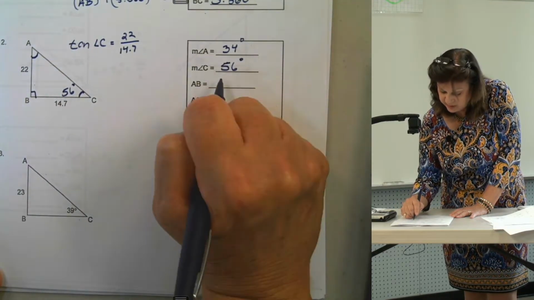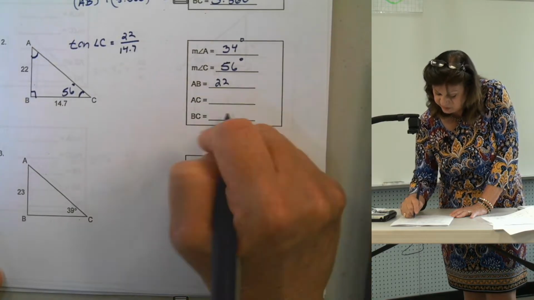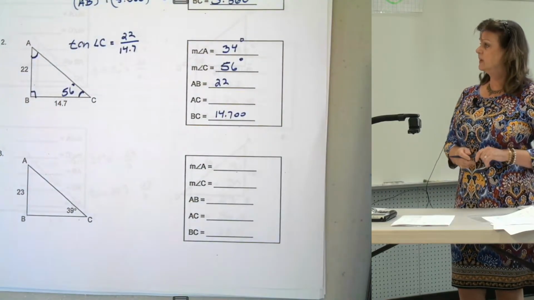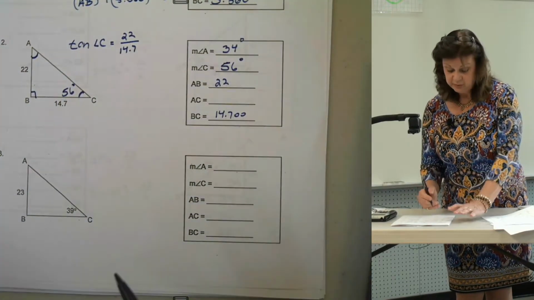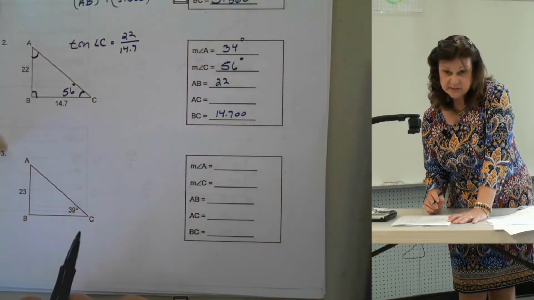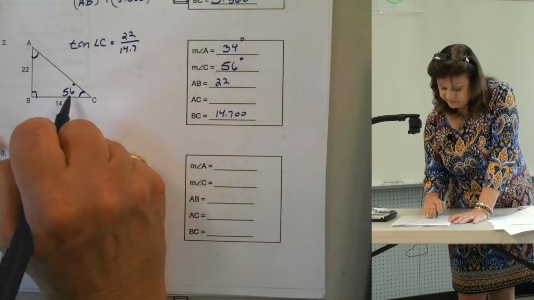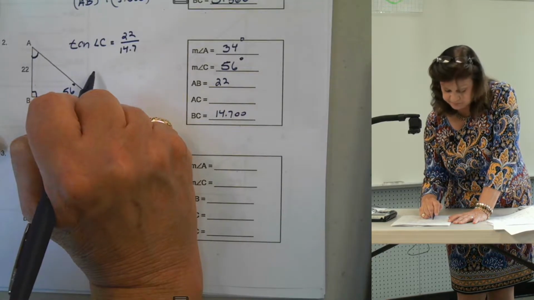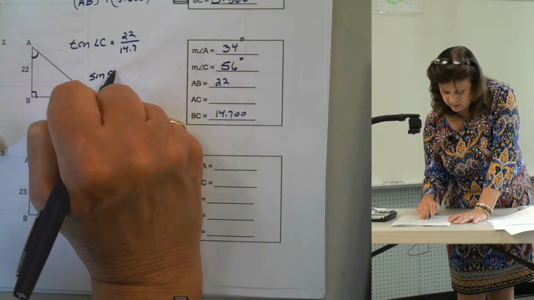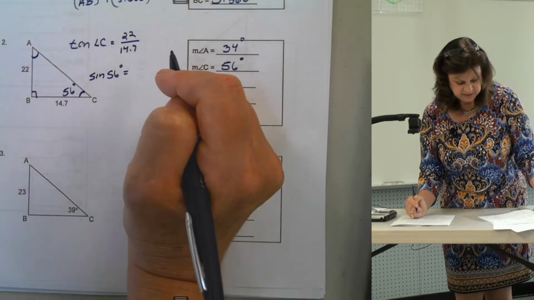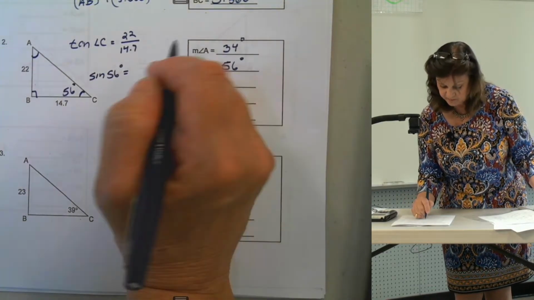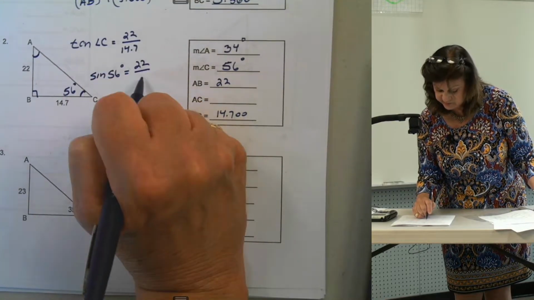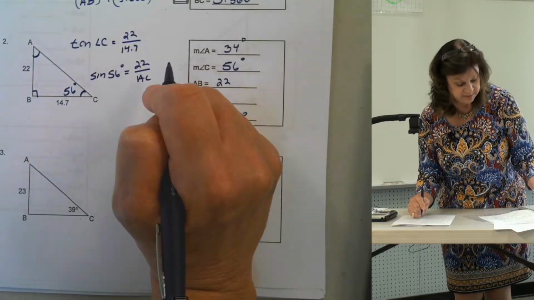You have BC, and it's up to you if you want to use Pythagorean's theorem, or you could use either sine or cosine. It doesn't make any difference. I've got that 56 degrees. I'm going to stick with that, and I'm going to say the sine of 56 degrees is opposite over hypotenuse.